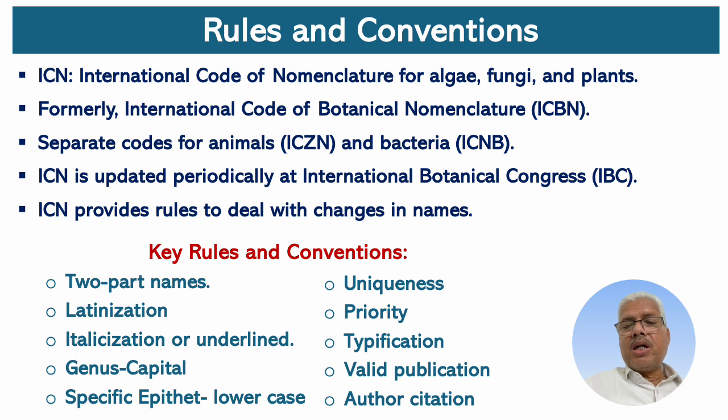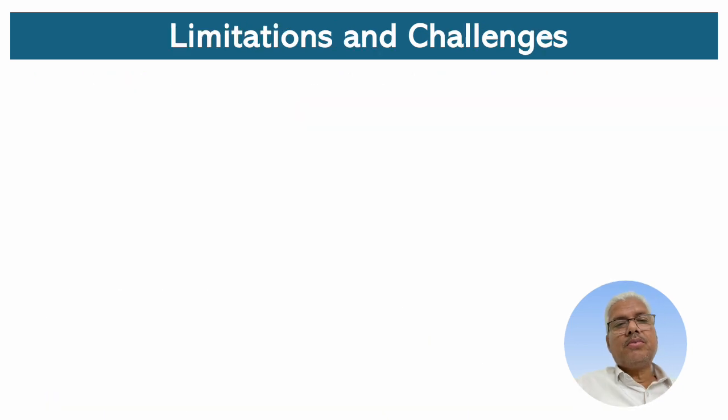This means it must be publicly available and accompanied by a description of the species. The name of the person or persons who first validly published the name is often included after the binomial. This gives credit to the authors and provides historical context, and is called the author citation.